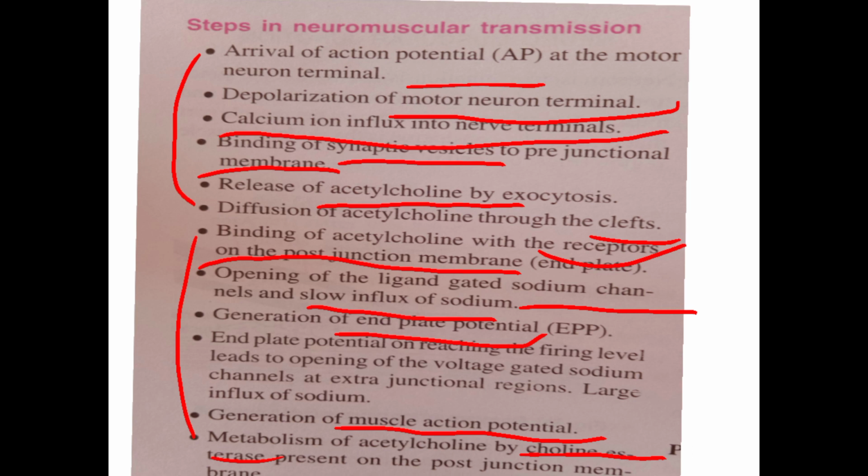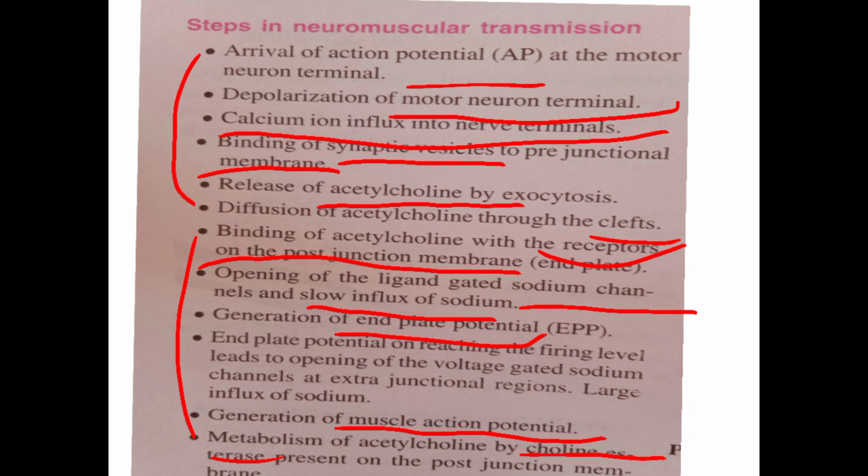Otherwise, what will happen? Acetylcholine will stay and bind to the acetylcholine receptors on the muscle, and continuously the contraction will take place. After contraction, the muscle has to relax, right? So till the signal is present, acetylcholine is released, and immediately it is degraded by acetylcholine esterase.